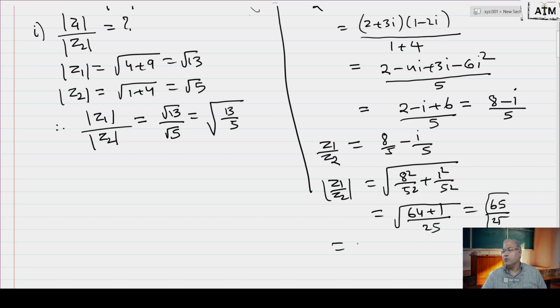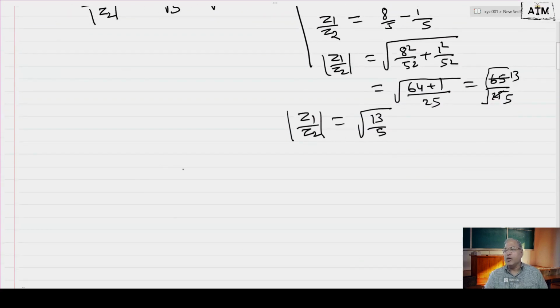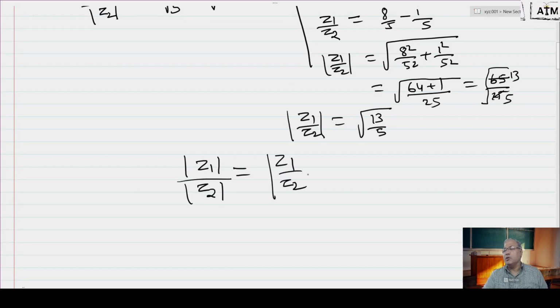Cutting by 5, 5 ones are 5 and 5 threes are 15, so that equals root 13 upon 5. Therefore the modulus of z1 upon z2 equals root 13 upon 5. From questions 1 and 2, we establish one theorem: the modulus of z1 upon the modulus of z2 equals the modulus of z1 upon z2.